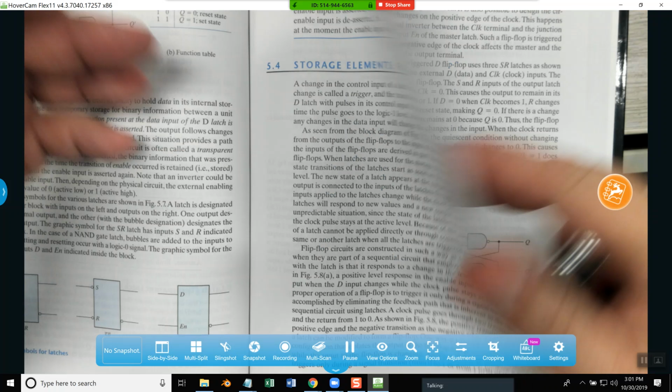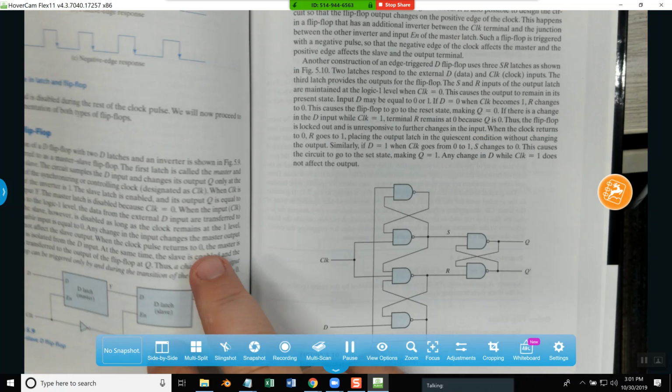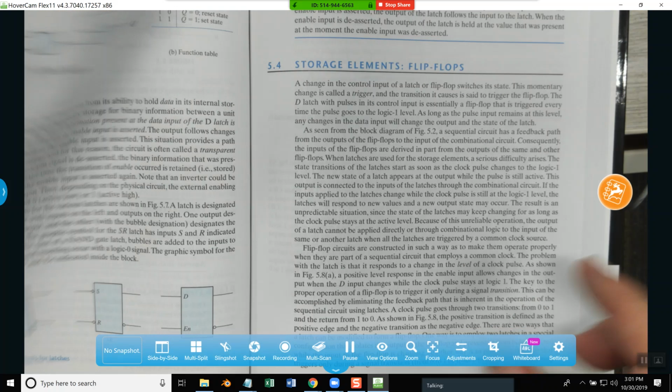Consequently, the inputs of the flip-flops are derived in part from the outputs of the same and other flip-flops. When latches are used for the storage elements, a serious difficulty arises. The state transition of the latches starts as soon as the clock pulse changes to the logic 1 level. The new state of the latch appears at the output while the pulse is still active. This output is connected to the inputs of the latches through the combinational circuit.